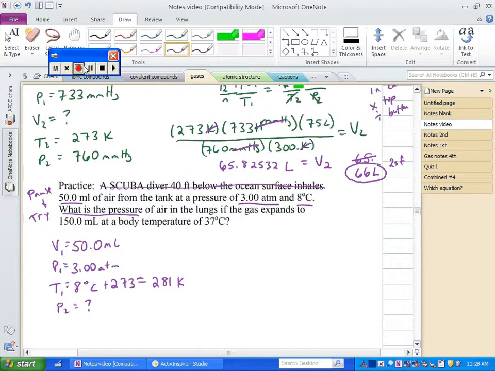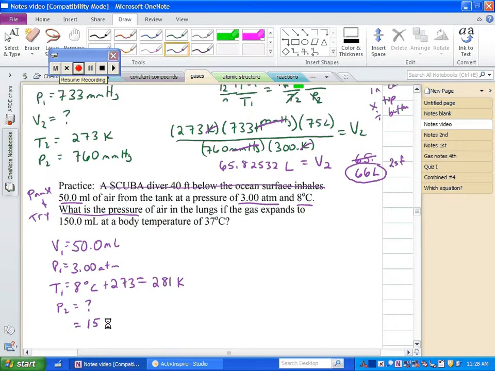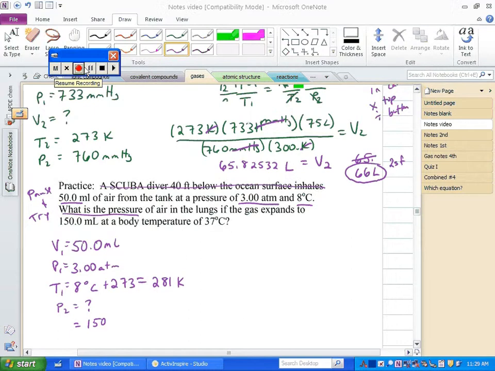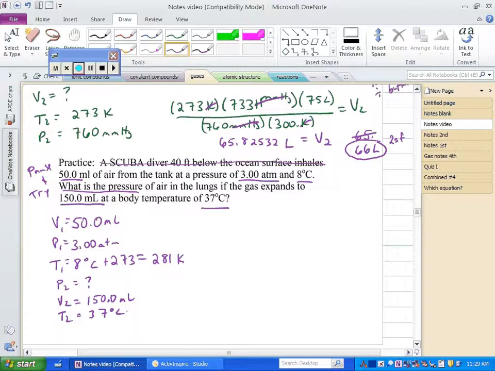If the gas expands to 150 milliliters, so there's my V2, at a temperature of 37 degrees Celsius, which is T2, add 273, and that gives us 310 Kelvin, normal body temperature.